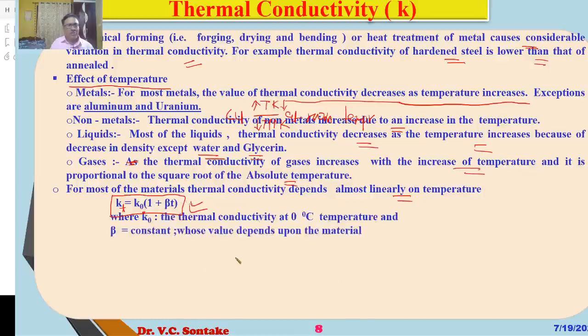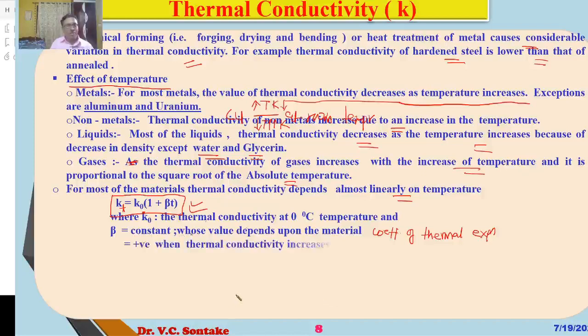Beta is called a constant. It is also called the temperature coefficient of thermal conductivity, and its value depends upon the effect of temperature on thermal conductivity.